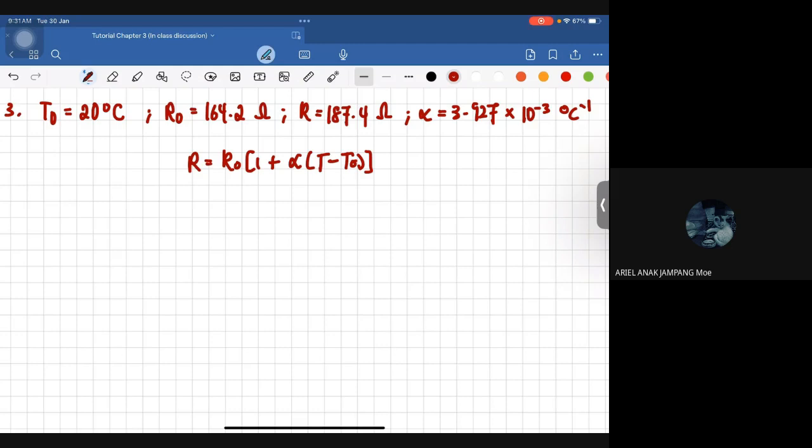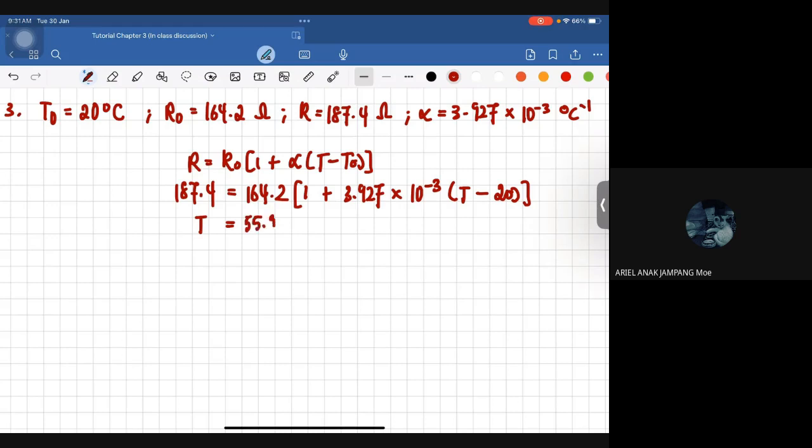From here, you just substitute 187.4 for R, 164.2 for R naught, 1 plus 3.927 times 10 negative 3 times T minus 20. Then you rearrange and you will get 55.98 degree Celsius. For this one, you must show the substitution to get 1 mark.